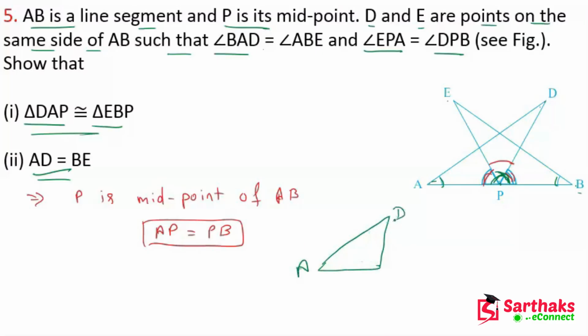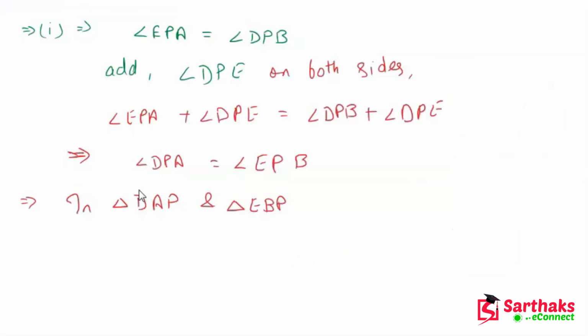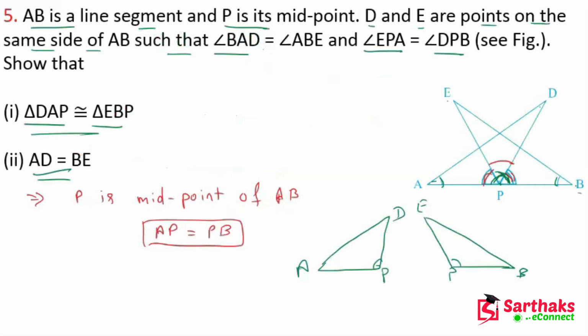This is triangle ADP, and we have another triangle, EPB. Here you can see that angle DPA equals angle EPB, which we proved. Here AP equals PB, by the midpoint property. We know that P is the midpoint of AB, so AP equals PB.